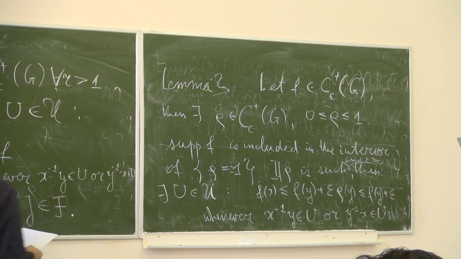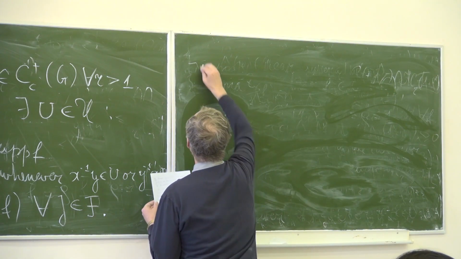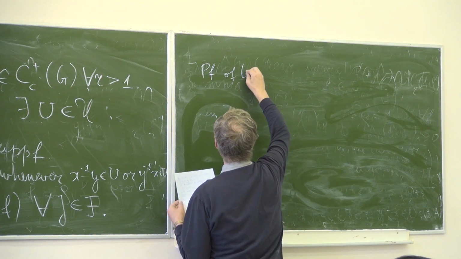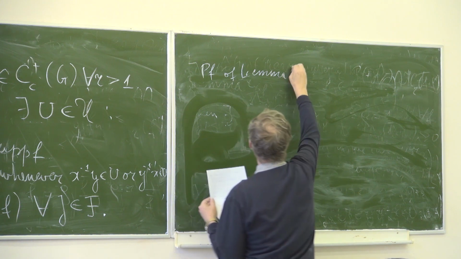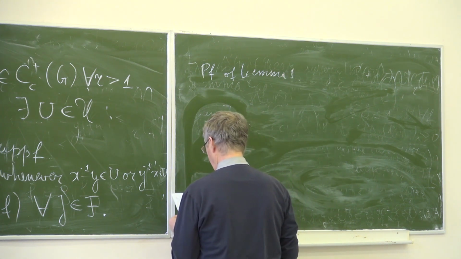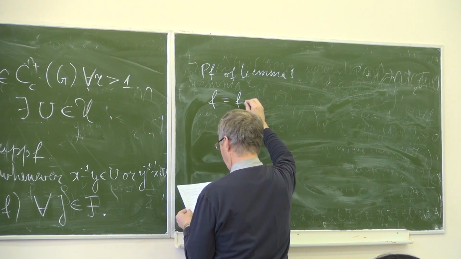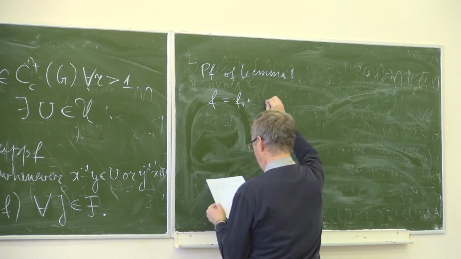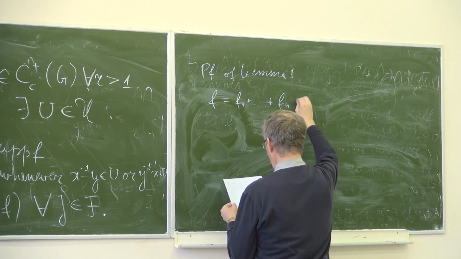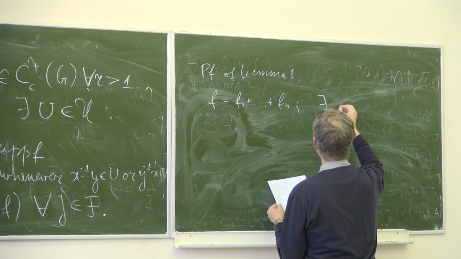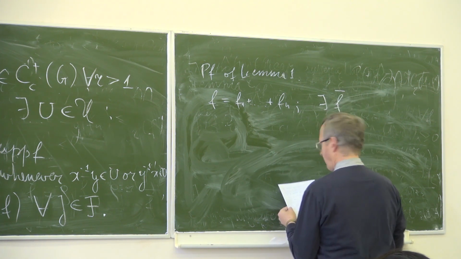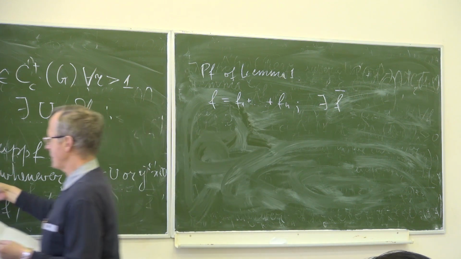Now, we have proved this lemma, and after that we can prove lemma 1. So lemma 1. Let f be equal to f1 plus and so on plus fn, and find some majorant f bar as in this lemma, more or less.